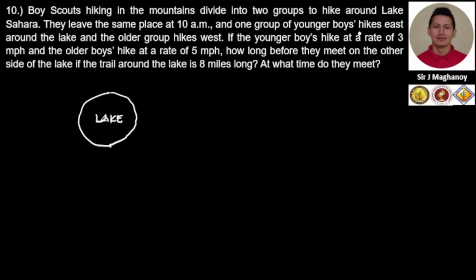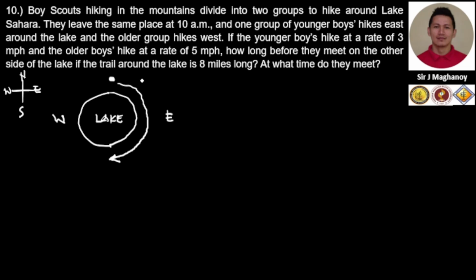The younger boys hike east, and the older boys hike west. So again, our mnemonic: NEWS. If this is our starting point, this is the east and this is the west. The younger boys move around the lake.